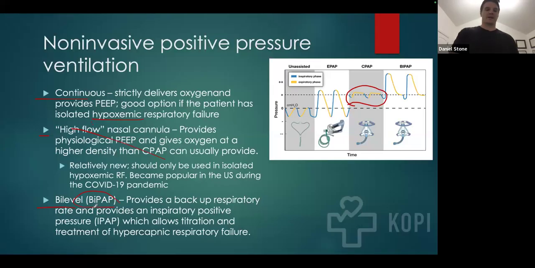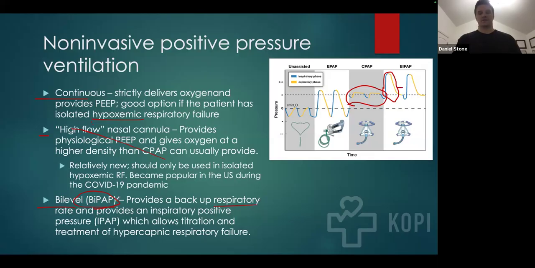using BiPAP. And BiPAP is bi-level positive pressure ventilation. What BiPAP does is it actually forces some air into the alveolus and creates a positive pressure, and it matches or syncs that pressure with the patient's respiratory rate. But it also provides a backup respiratory rate.